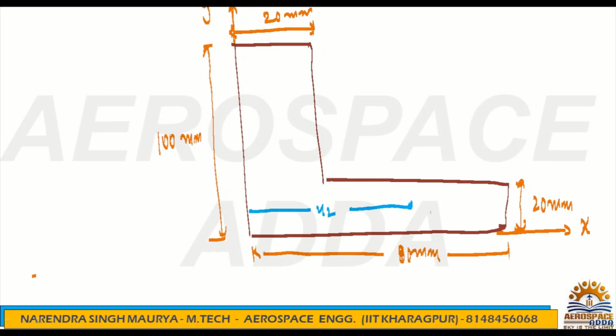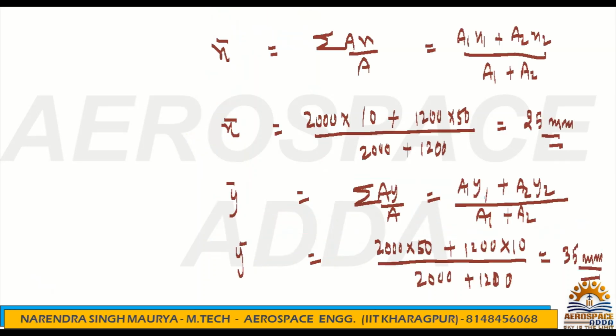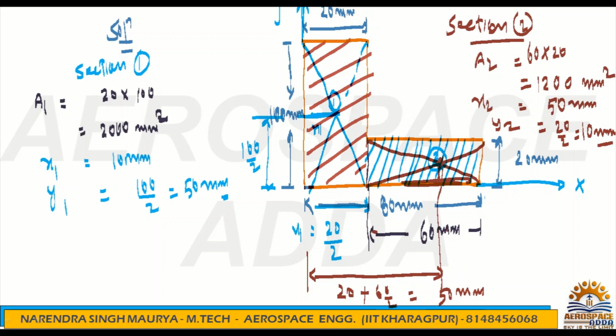This is the x2, and obviously this is the y2. This is the CG of section 2. This is section 2, right? And so x2, y2, x1, y1.